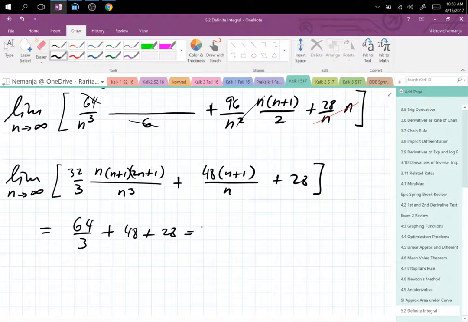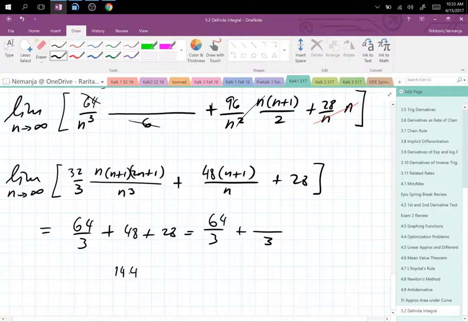So this should work. 64 over 3 plus, that's over 3. So 48 times 3, 144, plus 28 times 3 is 84, right?